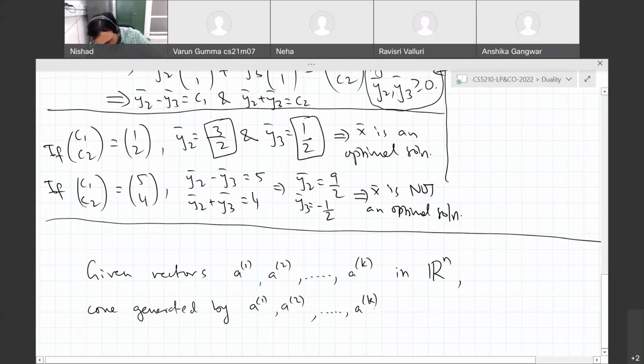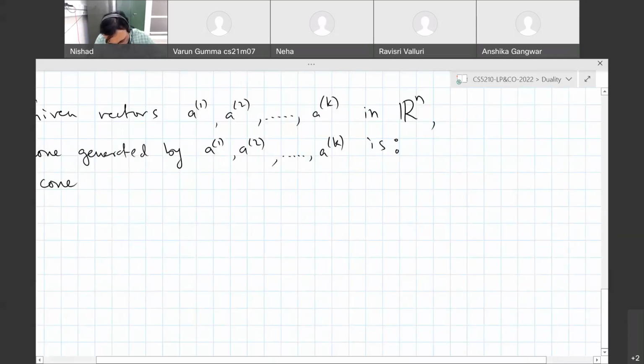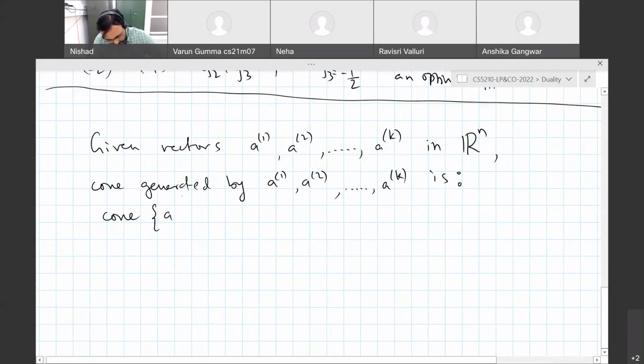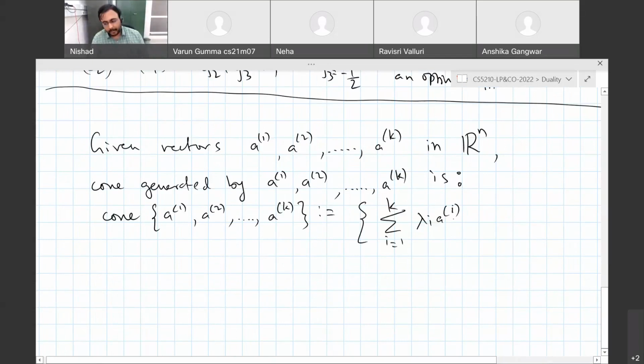Right? So the notation we will use is simply cone of A1, sorry, A1 up to AK. It's going to be the summation i going from 1 to k, lambda i, Ai, where all the lambda i's are non-negative.